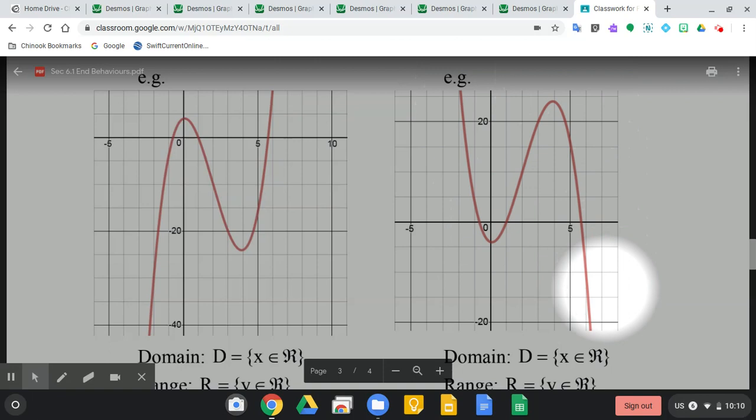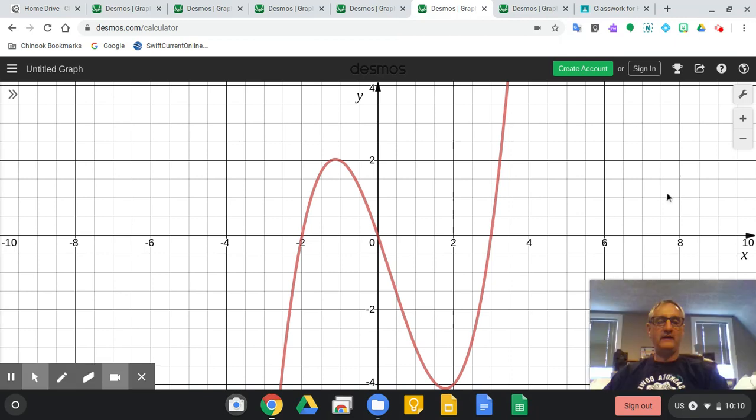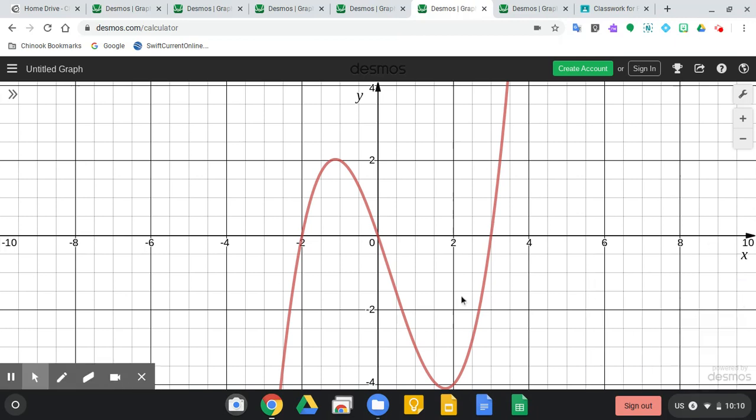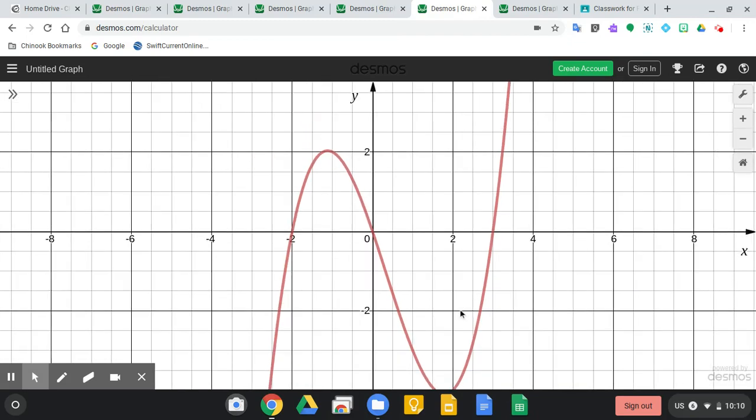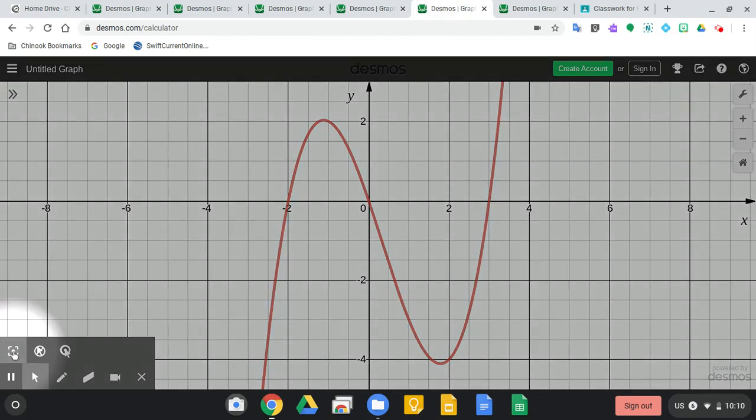Let's talk about our domain and range. So I've taken the opportunity to graph these ahead of time. If we look at this graph, and I wanted to talk about the domain, I would ask myself two questions. Does it go back forever? And does it go forwards forever?